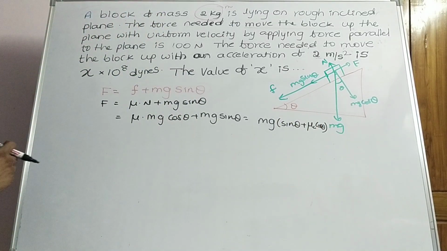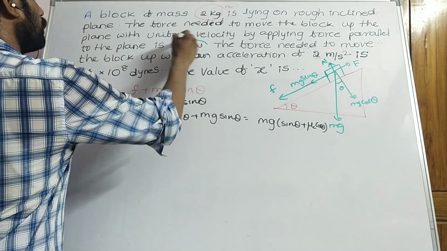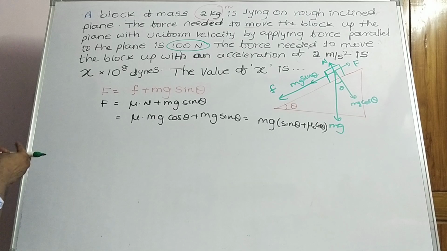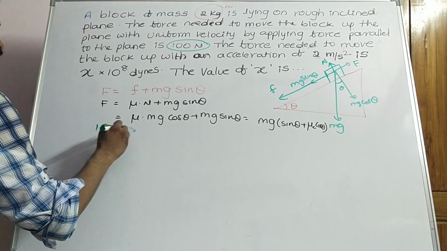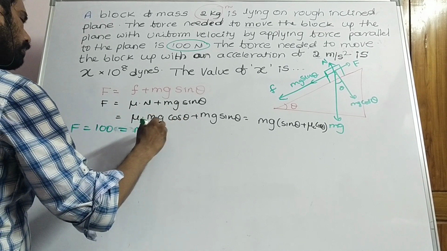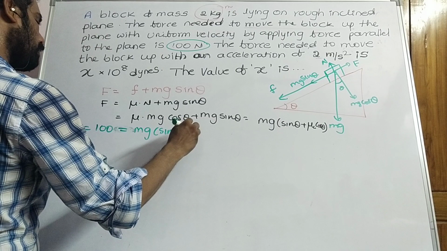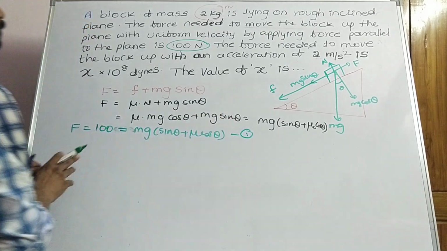But given force F is equal to 100 Newton is acting. That's why 100 is equal to mg into sin theta plus mu k cos theta. So that is expression number 1.